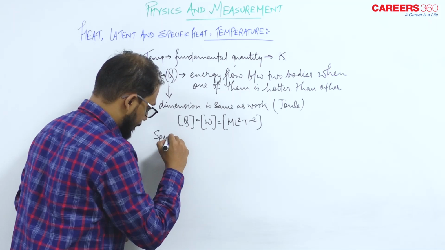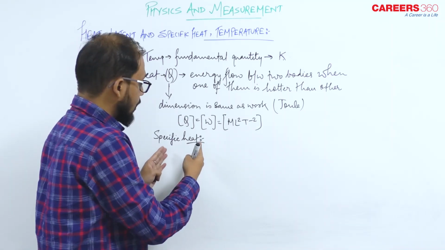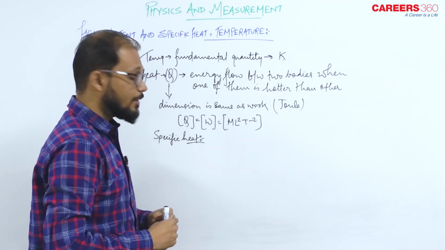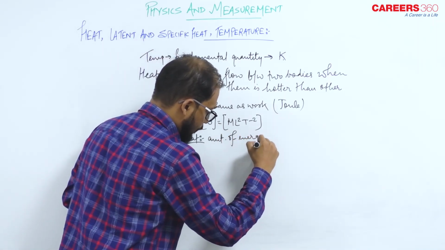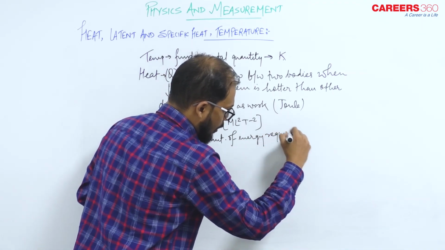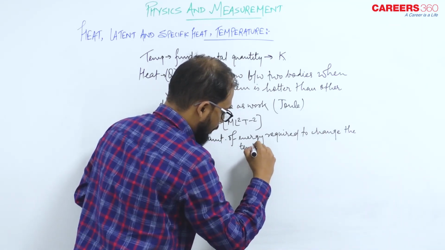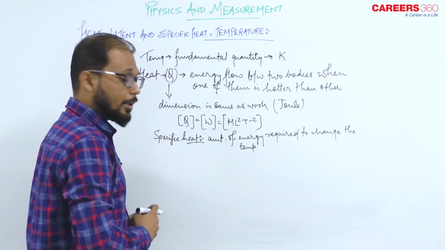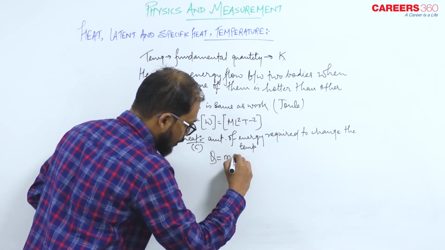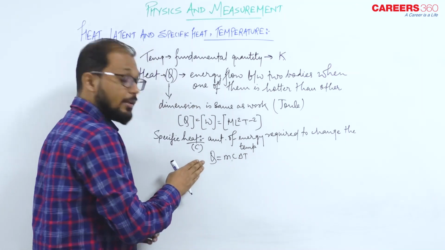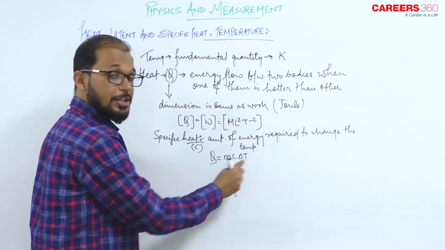Specific heat is the amount of energy required to change the temperature of a substance, and it is denoted by C. It is given by the formula Q = m C ΔT, where Q is the amount of heat, C is the specific heat, m is the mass of the substance, and ΔT is the change in temperature.